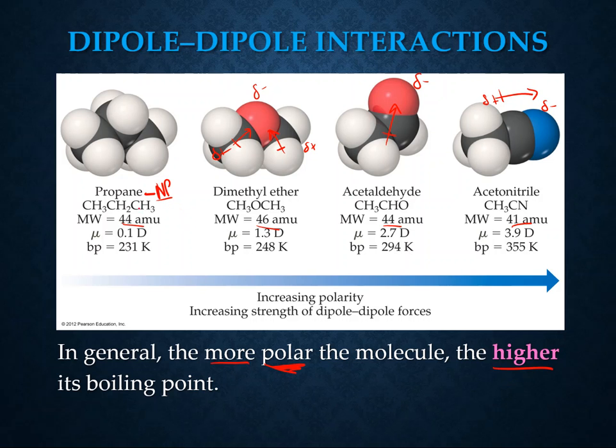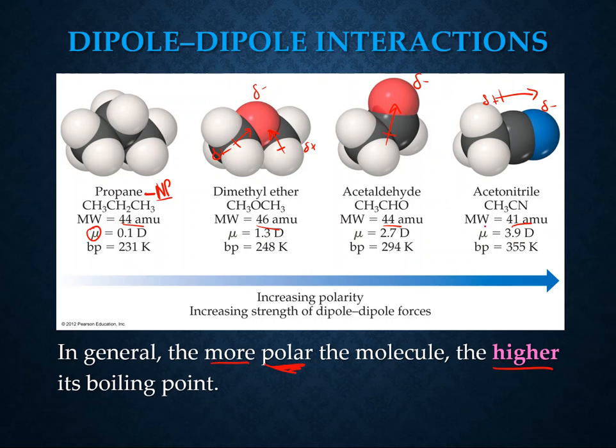And how do we tell that based off of this data? The weights are about the same, so it's not the polarizability of the cloud affecting it. You look at the dipole moments, this little mu here: 0.1 versus 1.3 versus 2.7 versus 3.9.